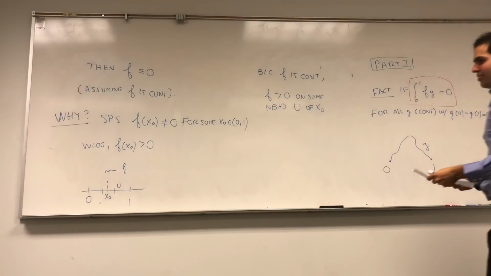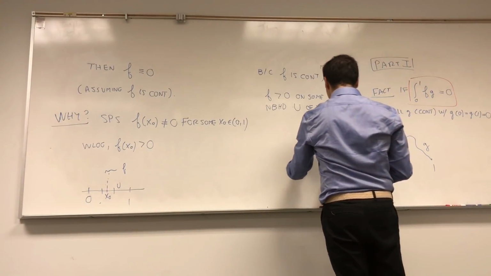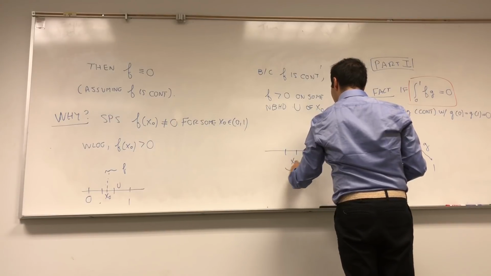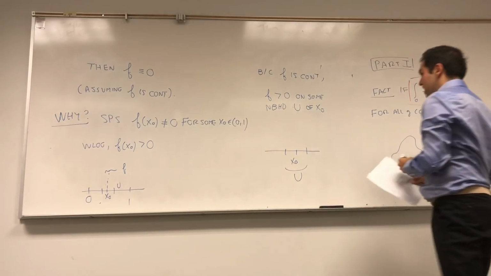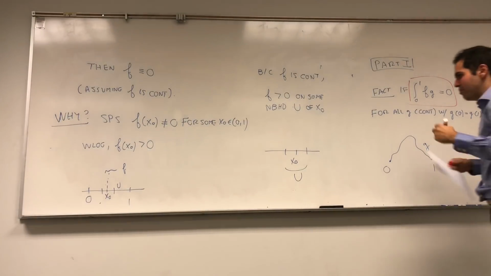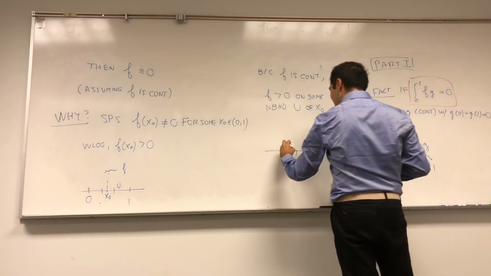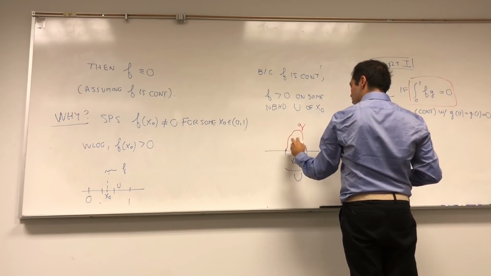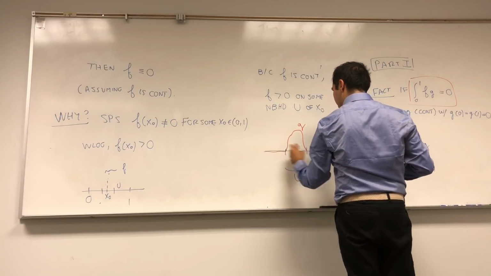All right, so again, we have this neighborhood U, this x naught, where f is positive. And all you need to do is to define the following function, and you can do this using what's called bump functions. Define a function g that's just positive on U, and everywhere else is zero.